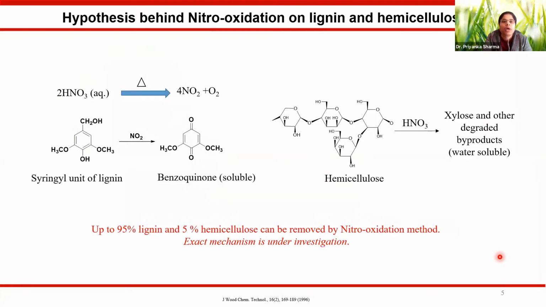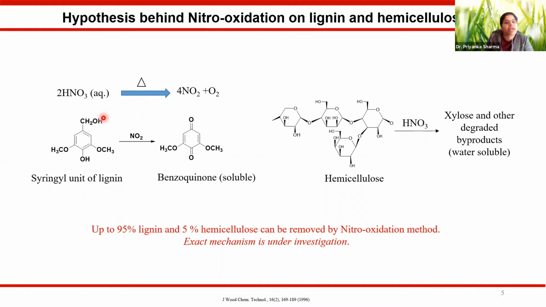As I said, this NOP process, or this recipe, is not only working on the cellulose polymer, but also helping to remove the lignin and hemicellulose components from the raw biomass. One reason to choose the sodium nitrite and nitric acid recipe was that when I checked the structures of lignin and hemicellulose, these components comprise primary hydroxyl groups.